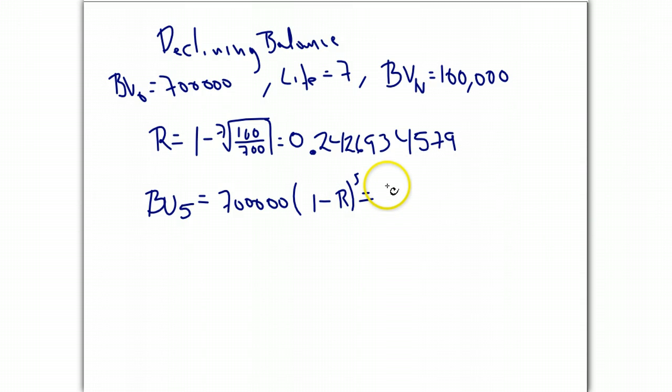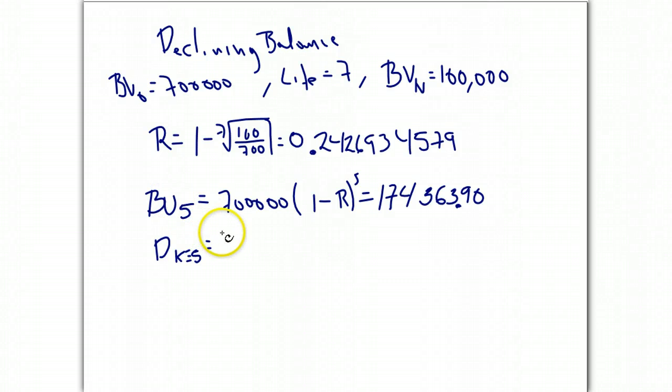And the book value at year 5 would be $174,363.90. The cumulative depreciation, D at k equals 5, could be computed as the difference between 700,000 and the book value, or we can use the other formula that I've shown you.